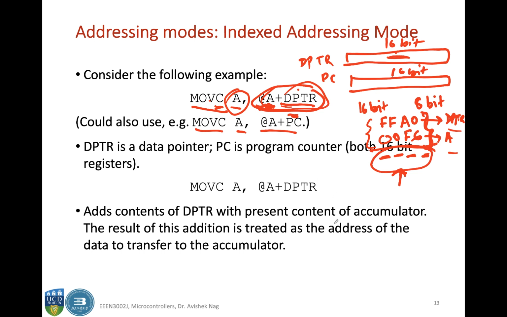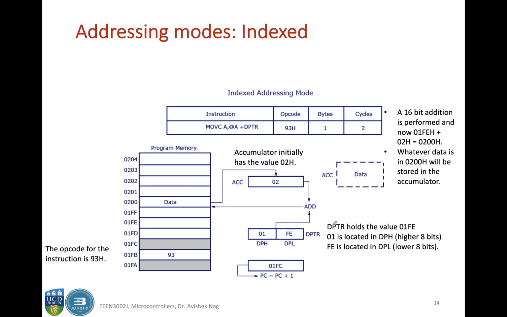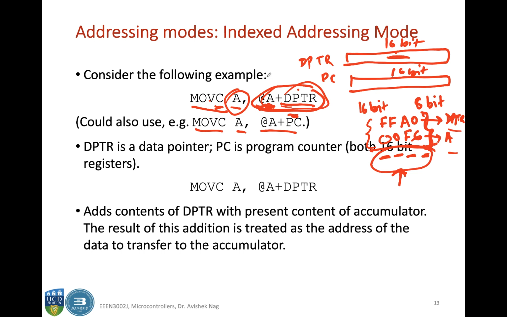So let's see how these things are done with an example. MOVC means, okay, I told you to ignore the C part, but maybe you are curious. So MOVC means to move something from the code memory. So the C indicates code. Okay. So you are moving some data that is stored in the code memory.